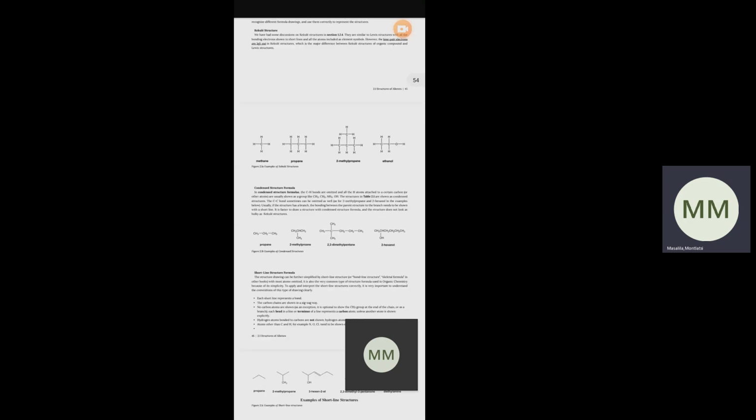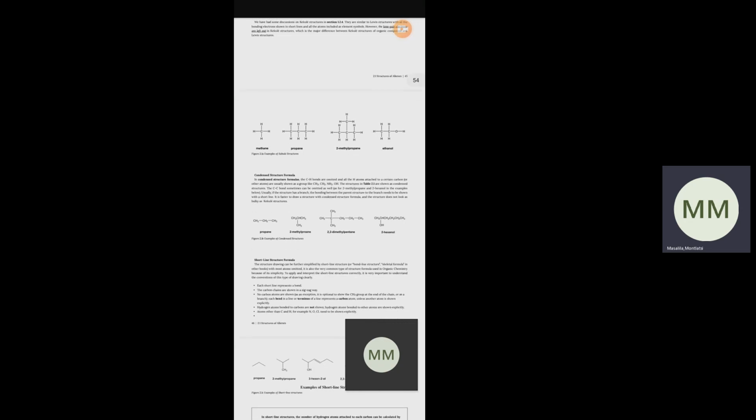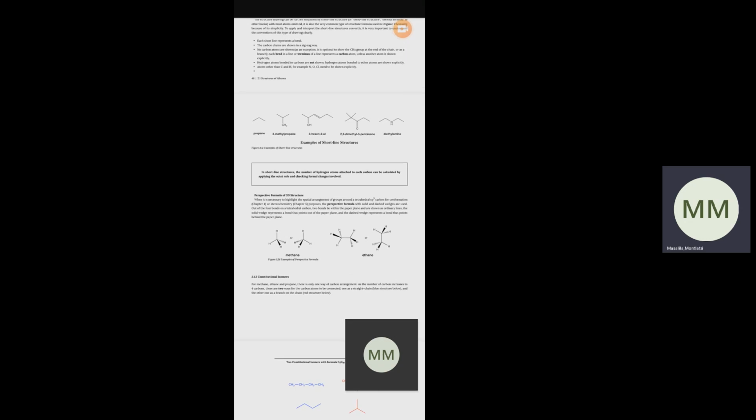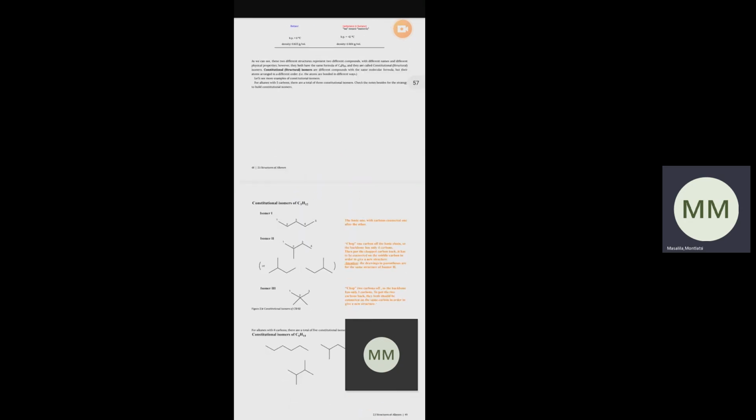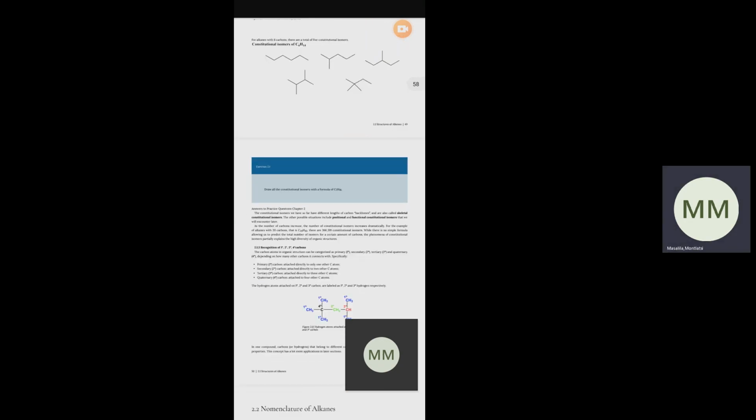But today our main focus is that you should know how to name these compounds, especially the alkanes and alkynes, and to draw their condensed structures, and also to know how to use a line formula and a 3D structure formula.